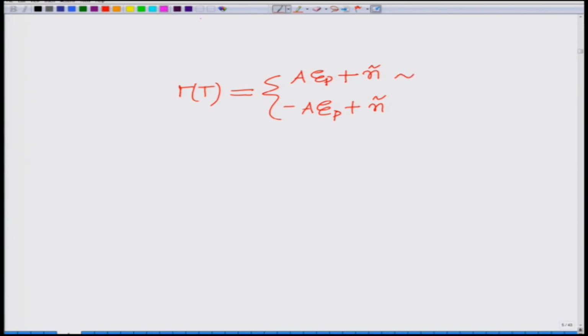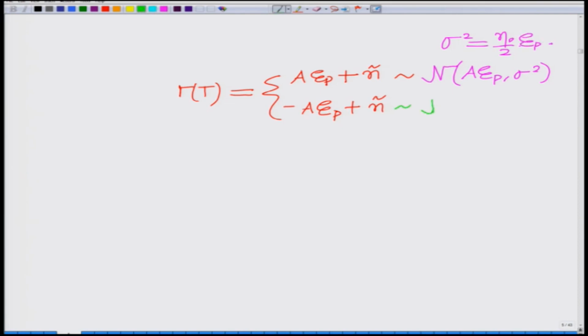So, this will be simply Gaussian with mean shifted, because n tilde is zero mean. Its mean will be 0 plus A root E_p. Of course, we also know what sigma square is: sigma square is eta naught by 2 times E_p, the variance is unchanged.